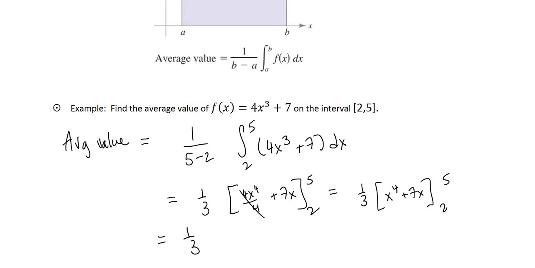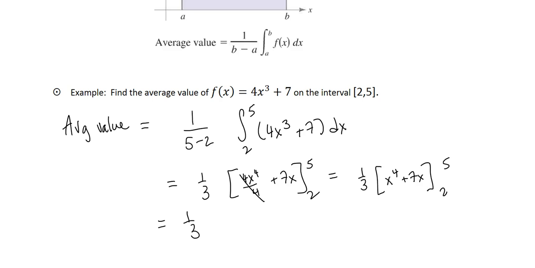You can either fold the 1/3 into it, or you can wait till the end. I'm just going to wait till the end. So this first part will be 5 to the 4th plus 7 times 5, and the second part will be 2 to the 4th plus 7 times 2.